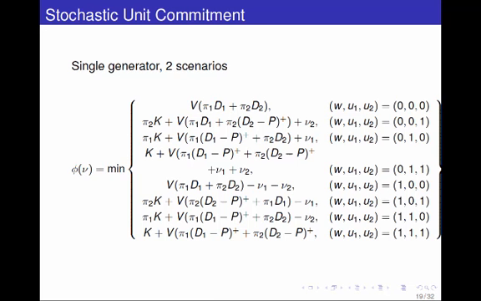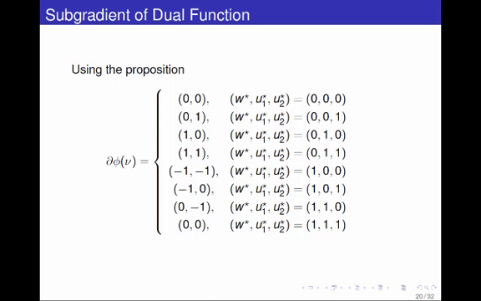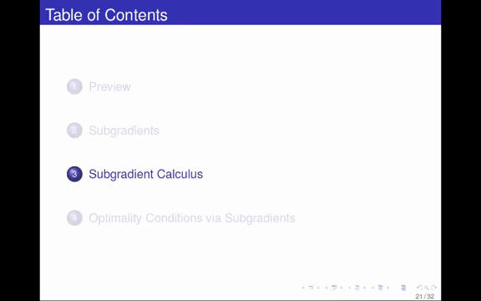Then you apply the proposition. Exactly. Then you apply the proposition. So these are the 8 possible combinations of supergradients that we can have. And that's all I have to say about subgradients.